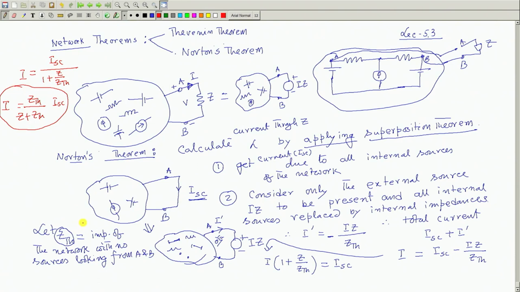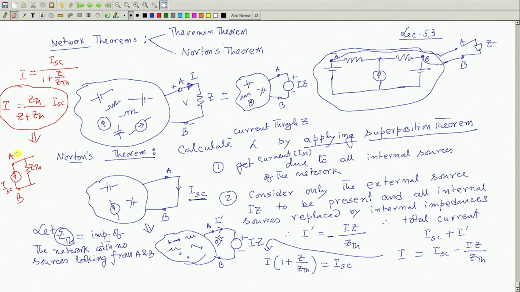Therefore, it looks like across A B, what is this? This is the two impedances connected in parallel, current flowing through it. It means that across A B, as if there is a current source I S C and in parallel there is a Z Thevenin's.